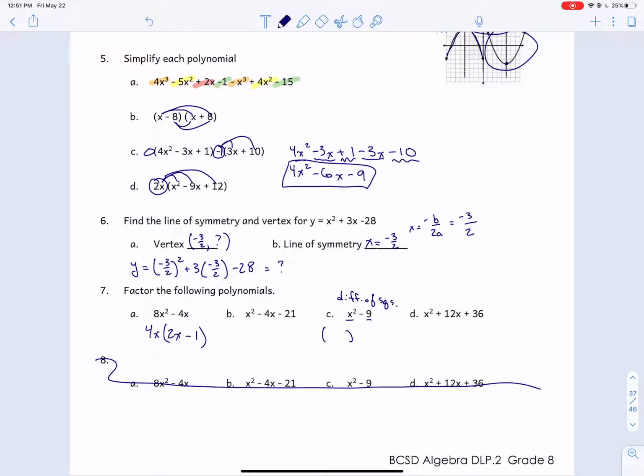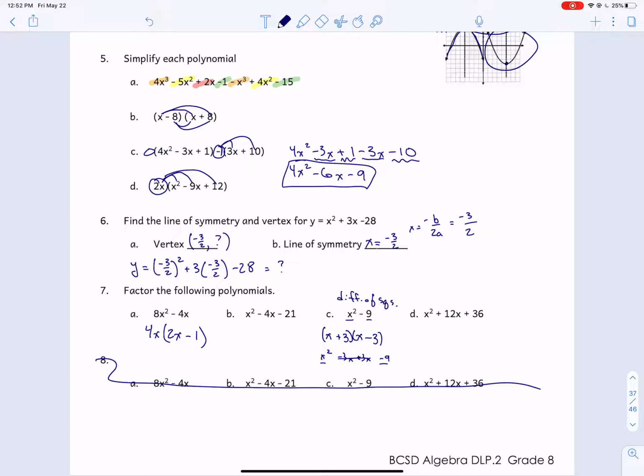How does that look when we factor it? We have the square root of each of those, and then a plus and a minus. Try it, multiply back out: x squared minus 3x plus 3x minus 9. Those add to 0, so we get just x squared minus 9. So, difference of squares.